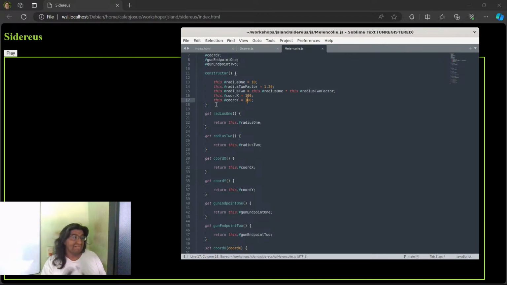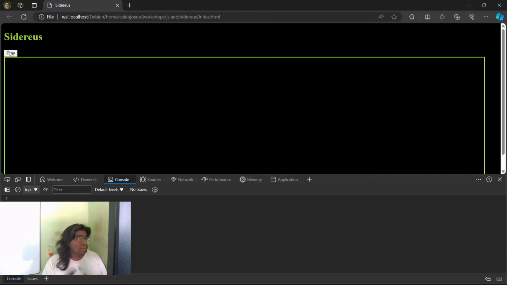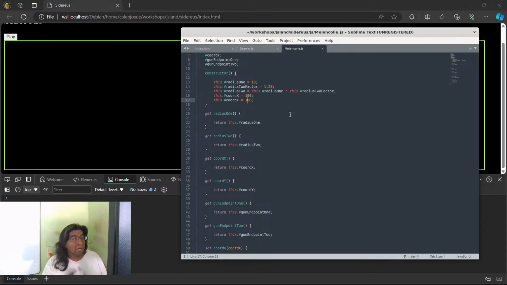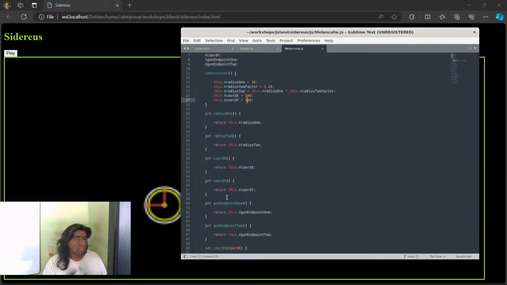We need to take care of that. If the radius is too large, the spaceship won't be visible. Now what? Okay. 100 and 100. Radius 212.